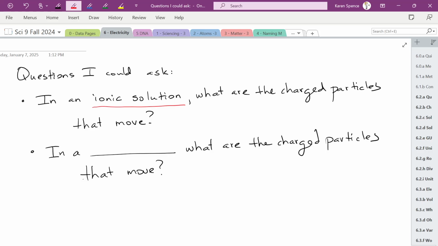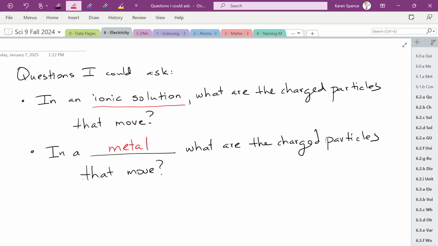What have we talked about yesterday? The delocalized electrons, which are in what? Metals. In a metal, what are the charged particles that can move?